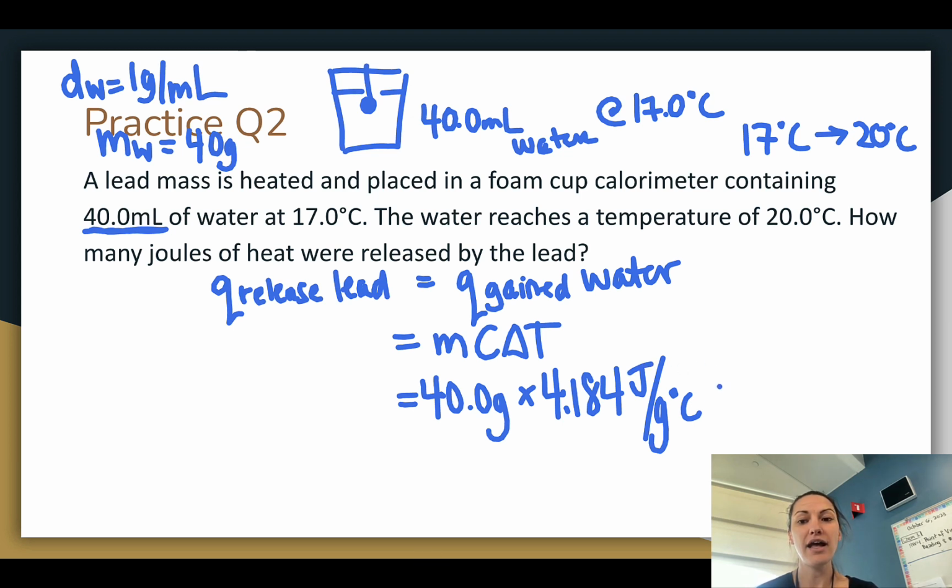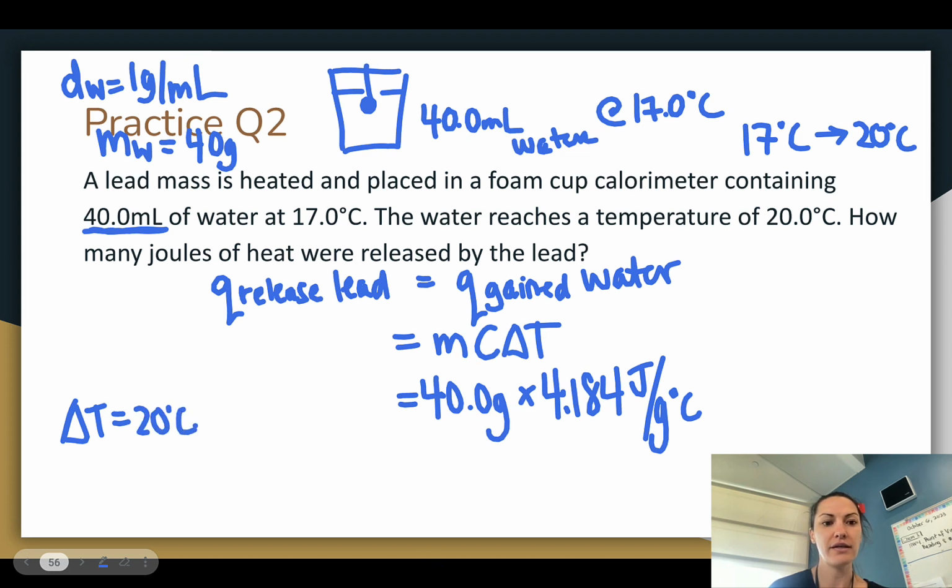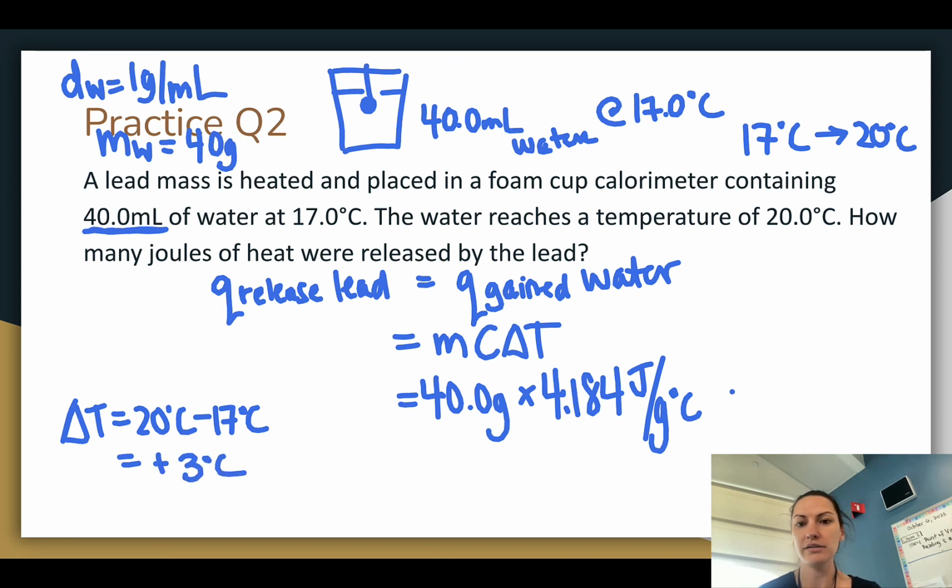And then the last thing is our change in temperature, which is our 20 degrees minus our 17 degrees. It's going to increase 3 degrees Celsius, okay?